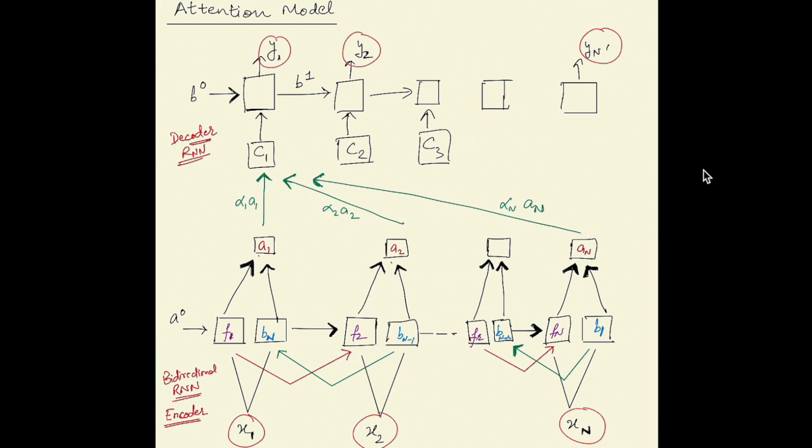We concatenate the forward and backward hidden representations to obtain A1 to An. So these are the hidden representations from the encoder.